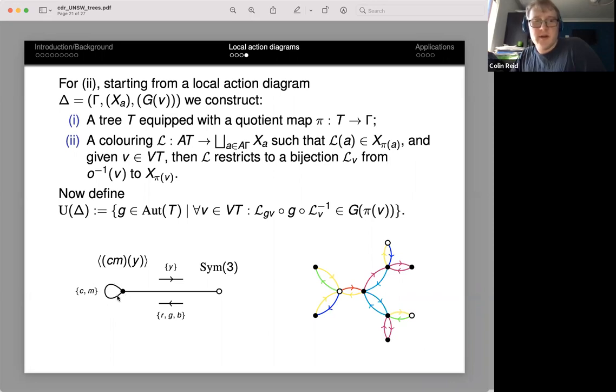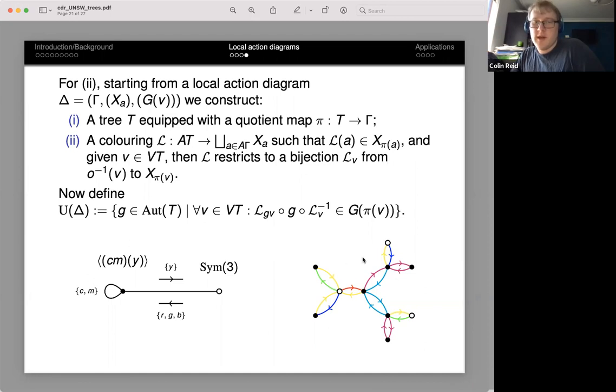So we've got an arc labeled CM and an arc labeled Y. What that means is that at any black vertex, you'll have a yellow arc going to a white vertex, and then cyan and magenta arcs going to black vertices. And at each black vertex, we're going to have exactly 1 yellow, 1 cyan, and 1 magenta.